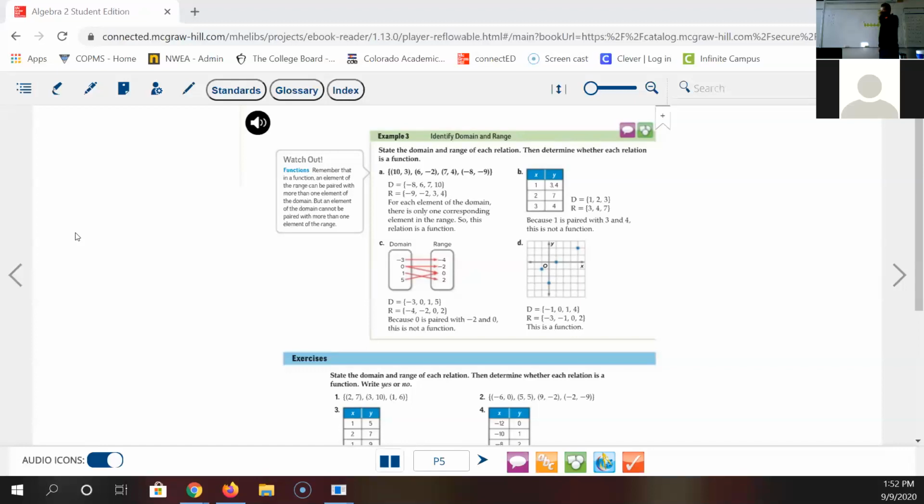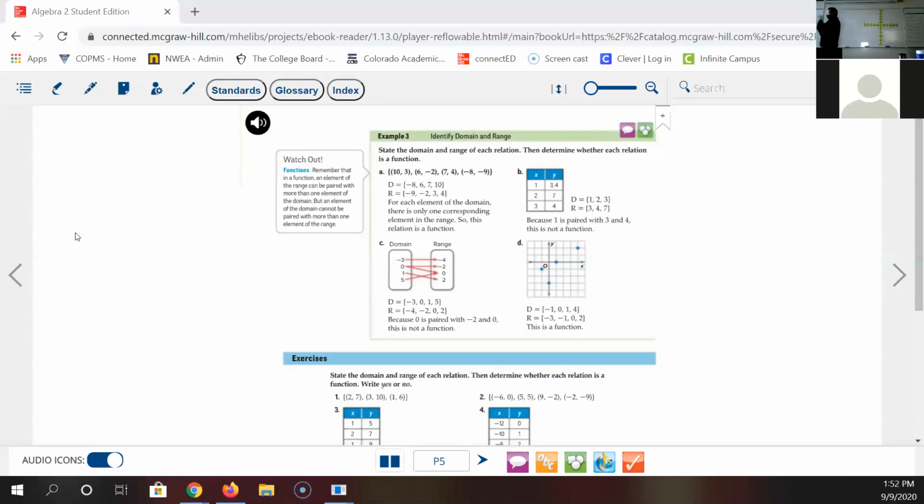Okay, if we're looking at C, we'll do the mapping because it's a little bit more difficult to picture. So you can see in the domain, we have -3, 0, 1, and 5. And then in our range, we have -4, -2, 0, and 2.